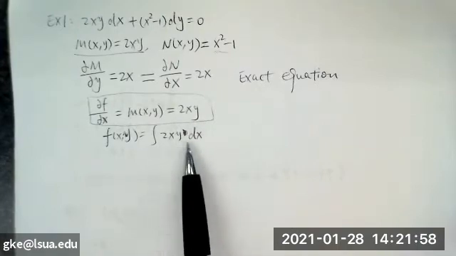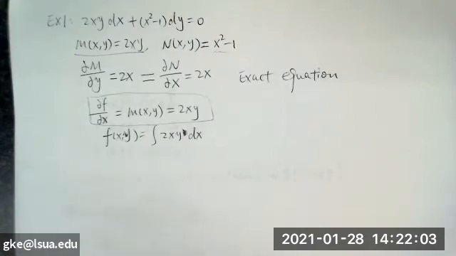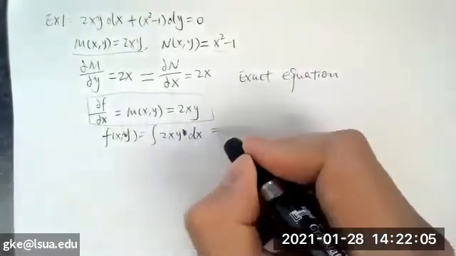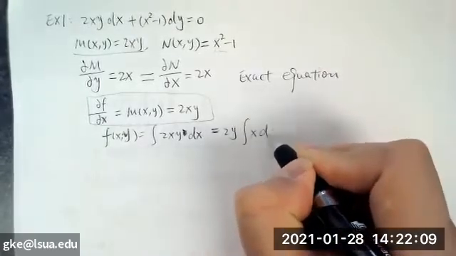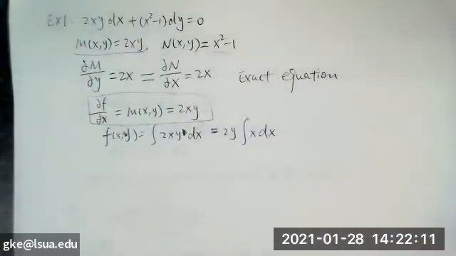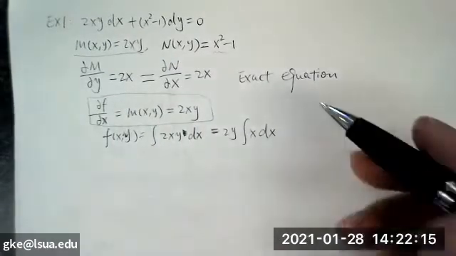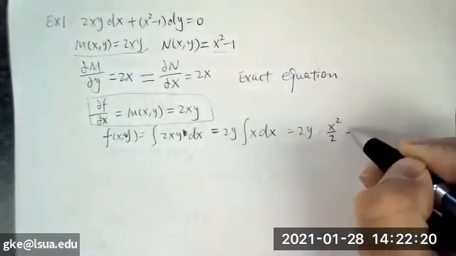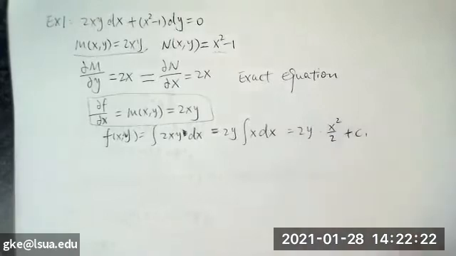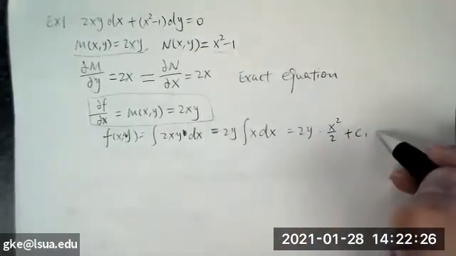If you do the integral with respect to x, consider all the other terms as constant. You can put 2y outside, right? All the other terms are going to be constant. You can move them outside, and the integral of x is going to be x squared over 2.